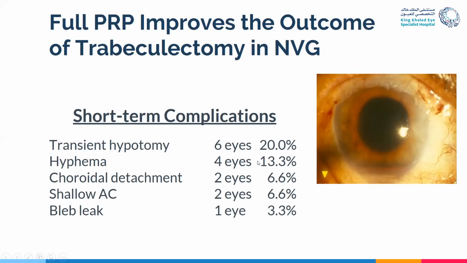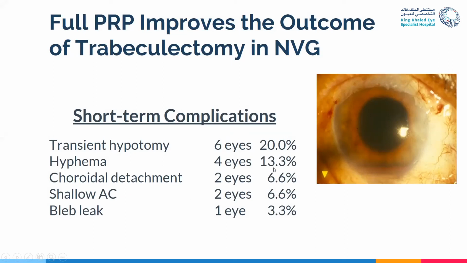This is not an extra thing, it happens in ordinary cases. But here, when you decompress the eye slowly, even if there is residual NVI, it will not rupture. So gradual decompression is important.